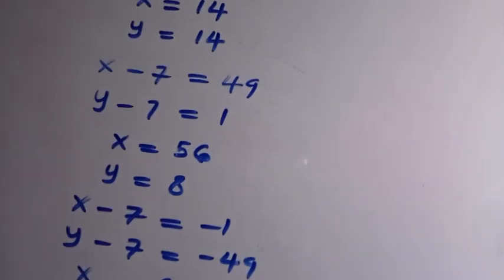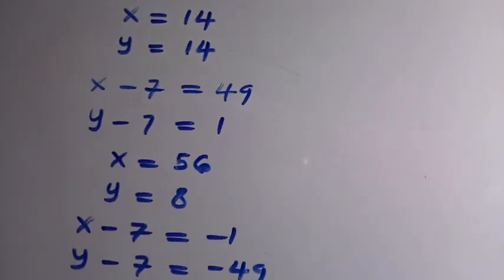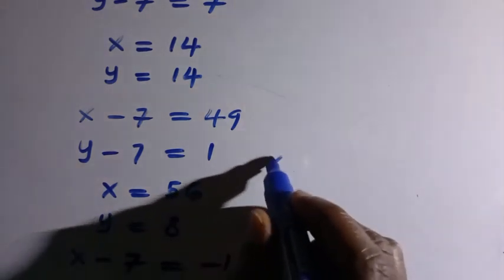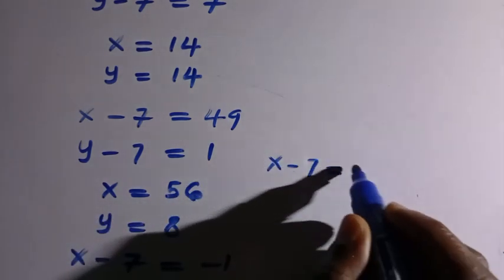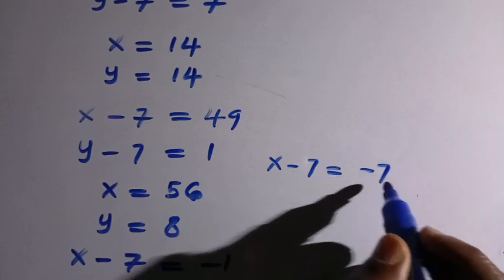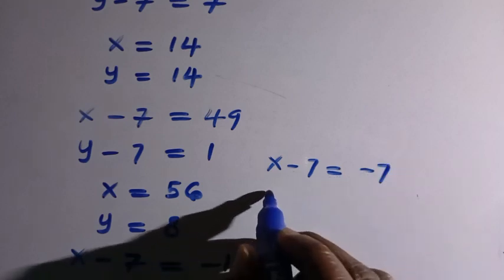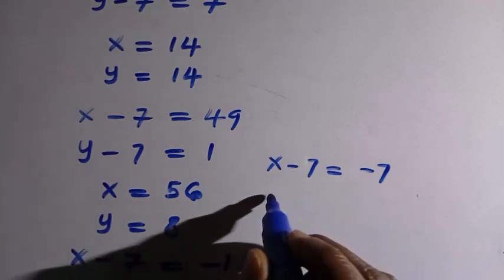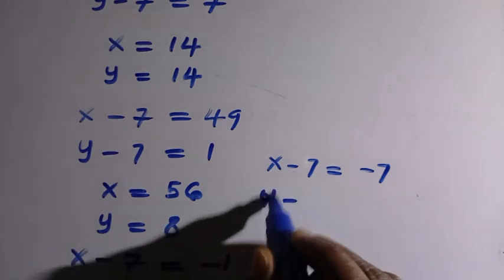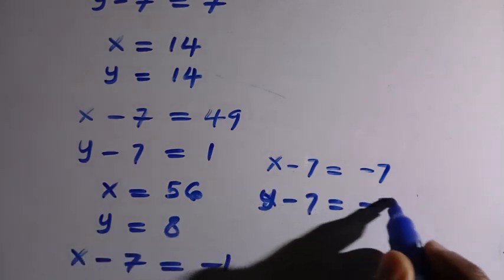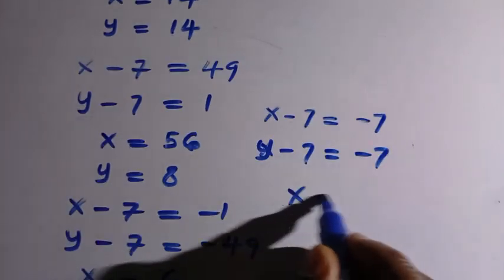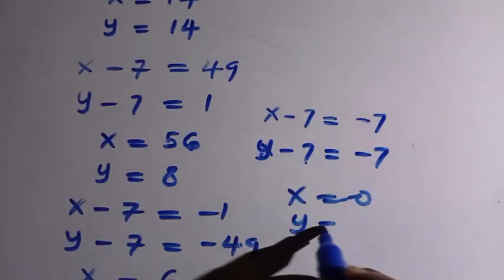We also have to consider the other part, which is x minus 7 equals minus 7 and y minus 7 equals minus 7. But looking at this, x equals 0 and y equals 0.